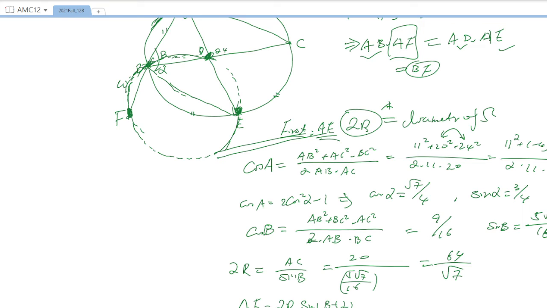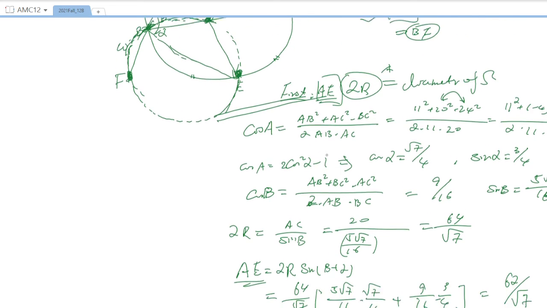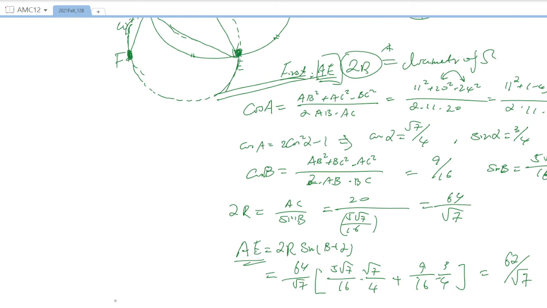Then the 64s cancel, so this answer is 62 over root 7. Now first, we solved AE. Basically, we used the law of sine.